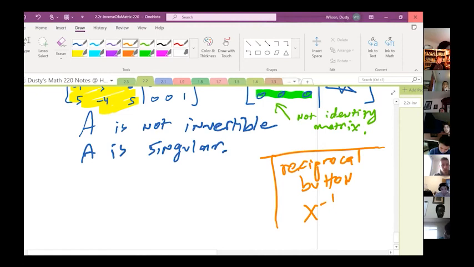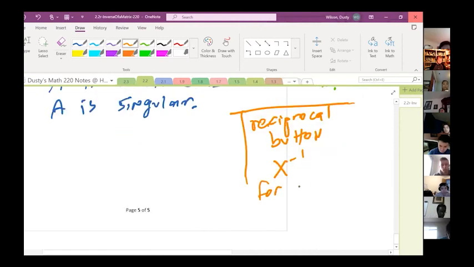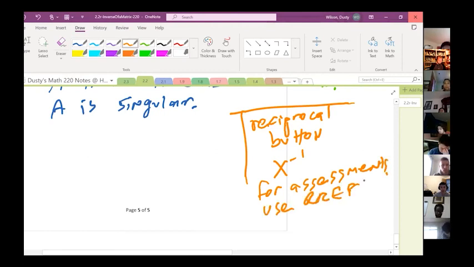So for the assessments, I want you to use RREF to find inverses. Makes sense process-wise. So here's the first method we taught. Here's another method that you can use to do the same thing.